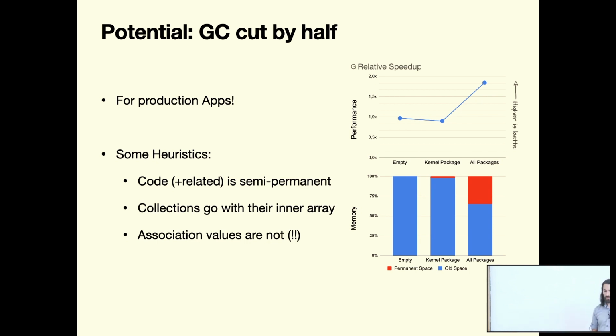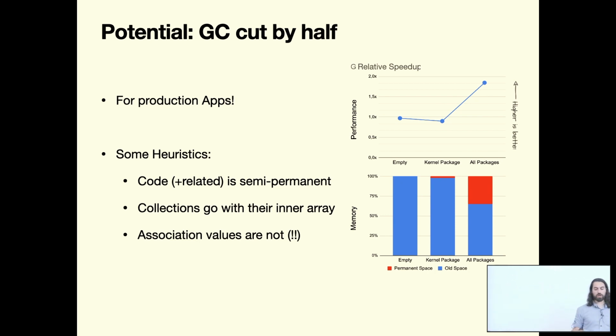So this is a potential. The idea is that maybe you want to use these kinds of things in your production applications. When you have your application deployed in a web server, your classes are not going to change. So you can move everything to permanent space, and then you run your application and have a very good GC, or lower the pauses a lot.